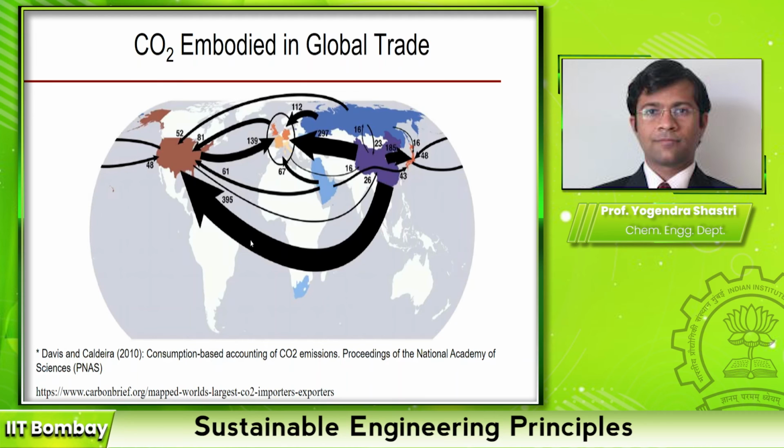So to elaborate a little bit more, the arrow going from China to the US shows the CO2 emissions that happened actually in China, but those emissions were because of the manufacturing of a product or products that were eventually sent and consumed in the United States.